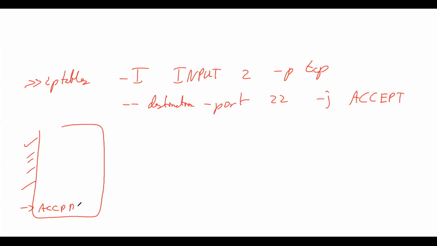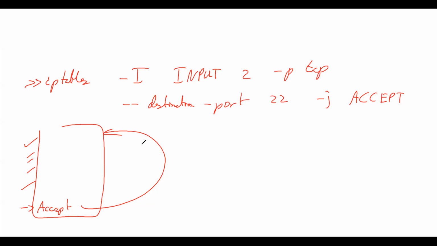So when you have something like accept, you want to put that at the very top, the very first, because firewalls work by implicitly deny, explicitly accept. You have to accept first, because otherwise everything gets denied.